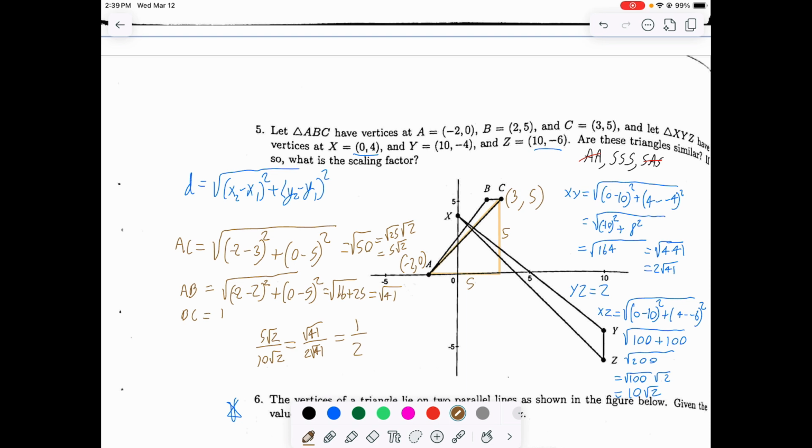All three of these are equal, so the triangles are similar by side, side, side. So triangle ABC is similar to triangle XYZ by side, side, side similarity. All right, we'll work on some more problems in just a moment.